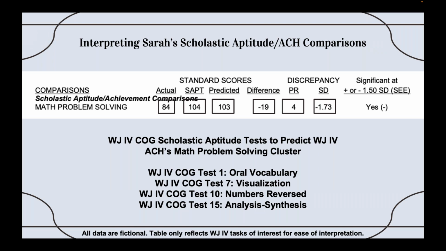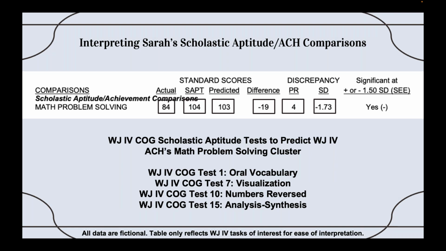So in this case, we can see that the difference that Sarah is evidencing between her math problem solving aptitude and her actual math problem solving on the achievement really only occurs about 4% of the time within the norm reference group. So we can say that this difference between her aptitude and actual achievement is inconsistent and that it's clinically significant.